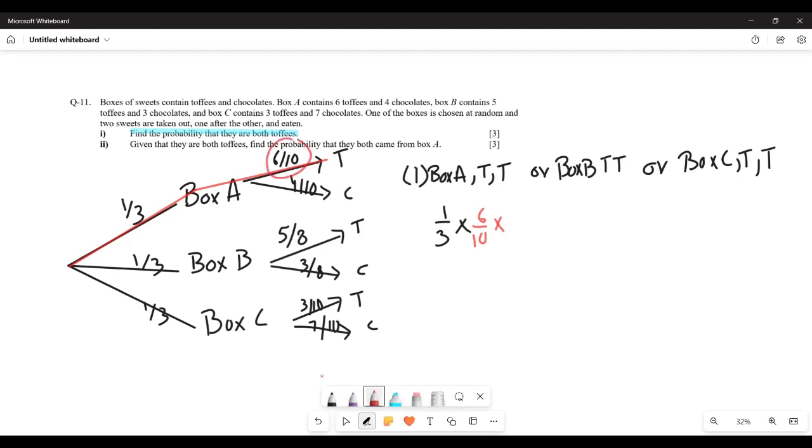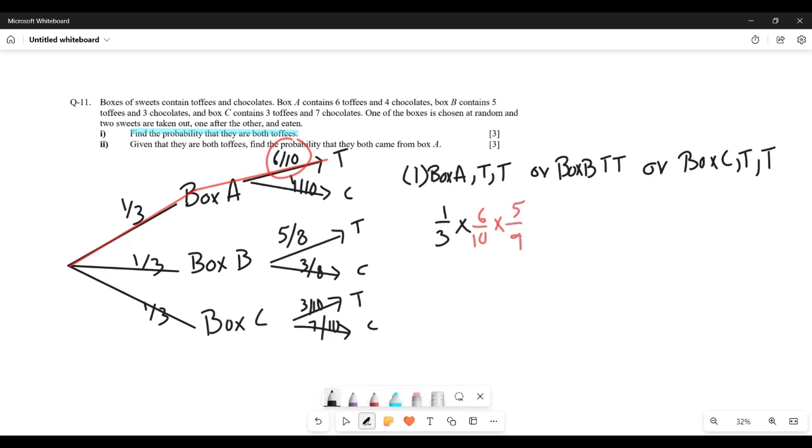It was 6 out of 10 at first. So the probability of choosing a toffee was 6/10. Now one has come out, so this fraction is now going to become 5/9. So we write 5/9.